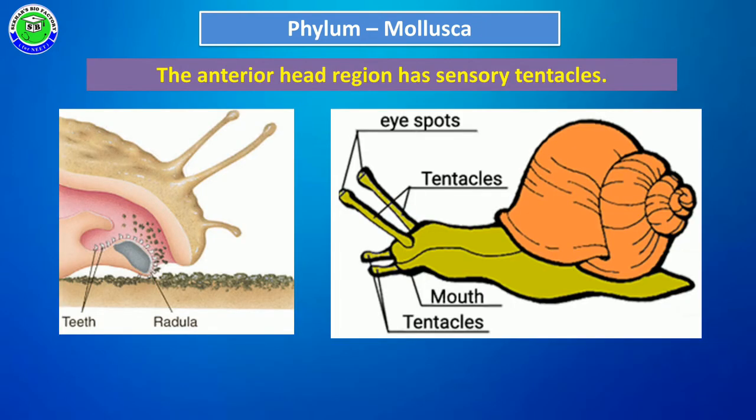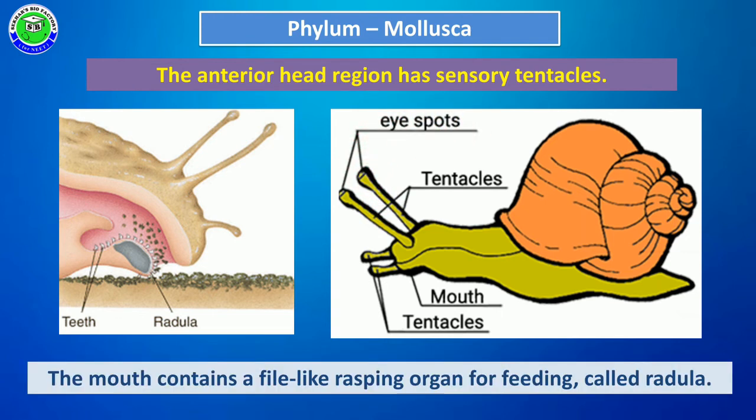In the structure of their body, especially the head region on the anterior side, it consists of sensory tentacles, and these sensory tentacles consist of eye spots.